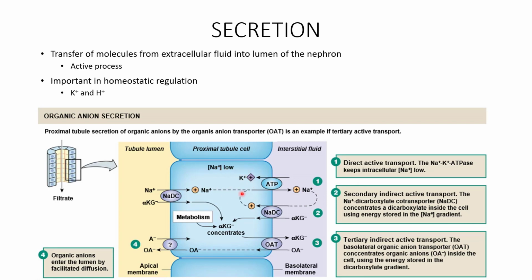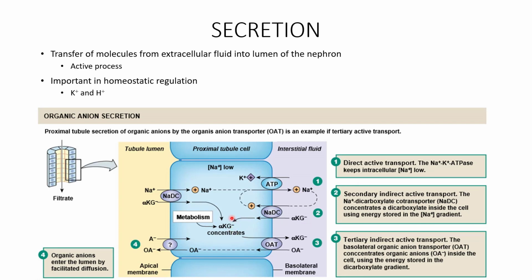And then that potassium can be utilized in the indirect active transport of additional organic anions into the cell. So in this case, we're bringing in dicarboxylate into the cell.